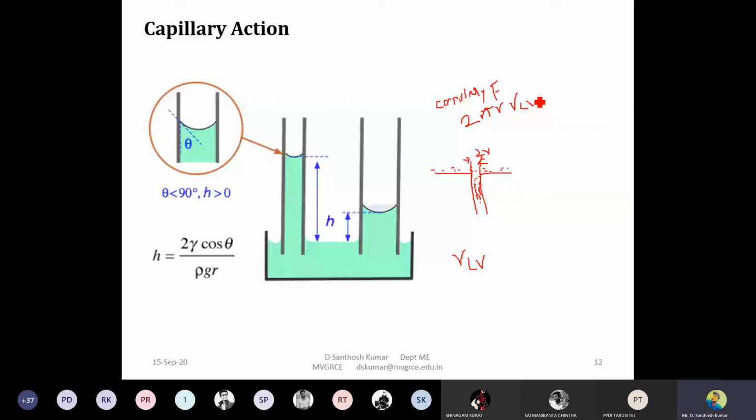This is the capillary force, where gamma LV is the surface tension of the liquid. There are two cases, depending on how you apply the liquid, either from the top or from the bottom. If it is from the top and you get it like this, this is the contact angle, theta. And there is another case like that.